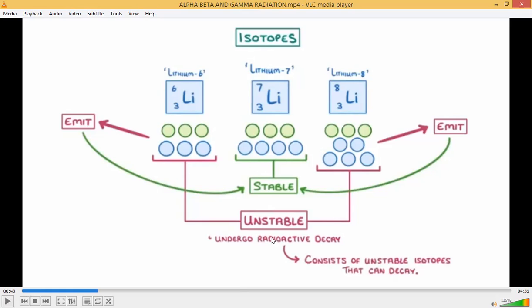Now, when we say a material is unstable, that means it is radioactive. Radioactive means that they can decay over a long period of time, just like the example of a human body decaying. That's what we are talking about with atoms.